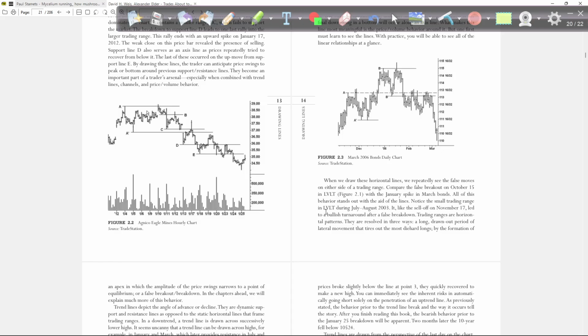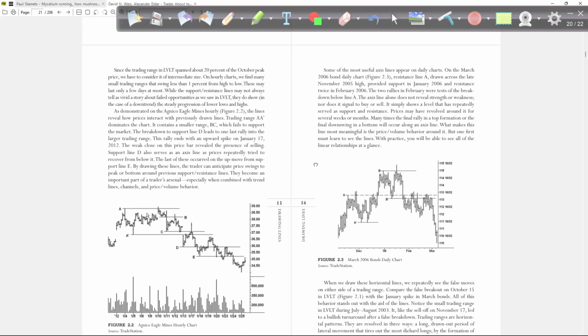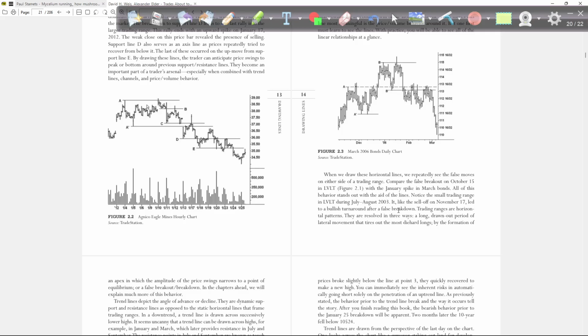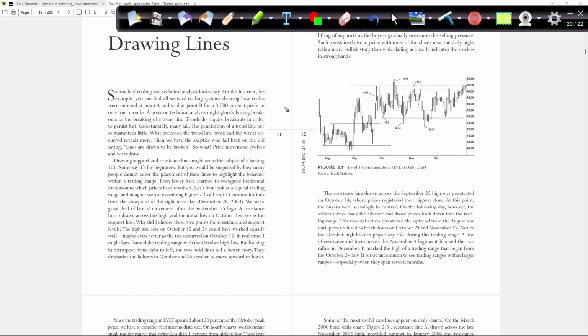Notice the small trading range in LVLT during July-August 2003, this trading range. Like the sell-off on November 17th, it tested this area of the range.